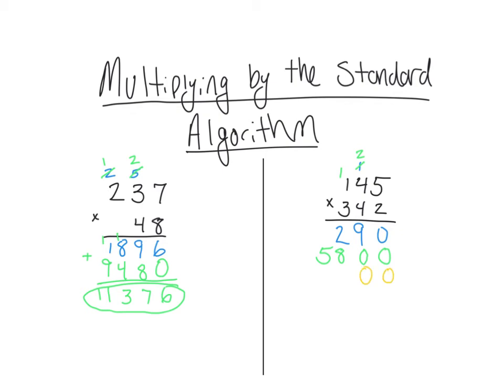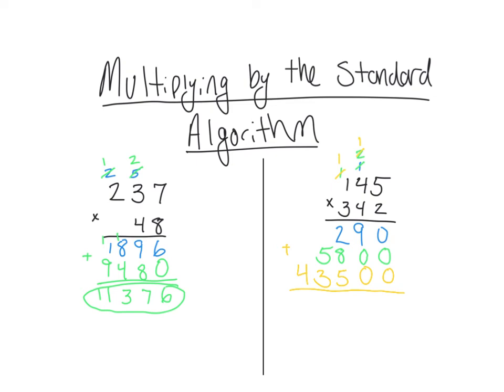Okay, and now I multiply. So I do 3 times 5 is 15. I put down the 5. I regroup the 1. 3 times 4 is 12. Plus 1 is 13. Put down the 3. Regroup the 1. 3 times 1 is 3. Plus 1 is 4.